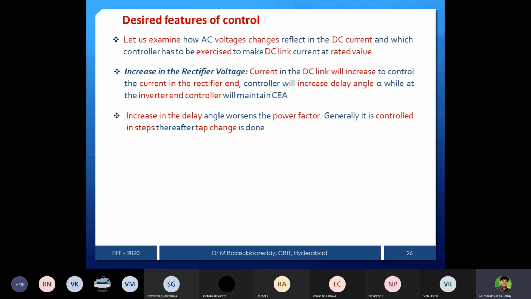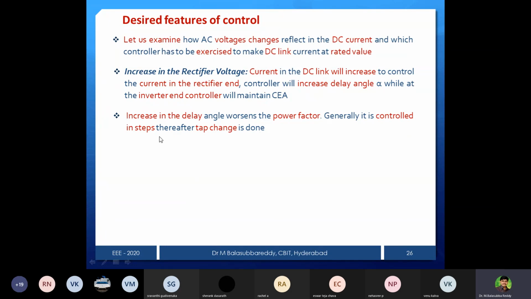Increasing the rectifier voltage increases the current, and hence to keep it constant we increase alpha, while the inverter side maintains a constant CEA, that is, a constant extinction angle. Alpha must be kept near 0 to maintain a higher power factor, but if we increase alpha, the power factor will automatically decrease.